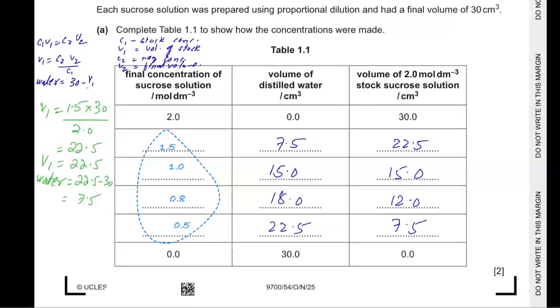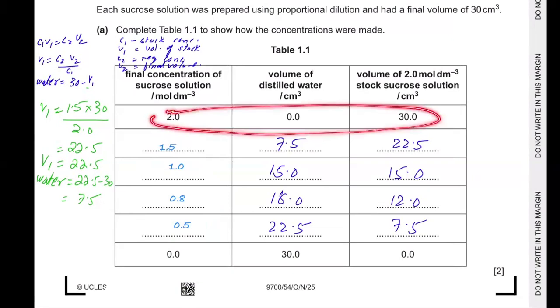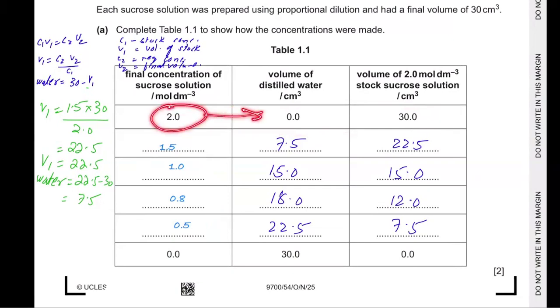Initially, this is given to you: when you are using the final concentration of sucrose solution as the whole, adding no distilled water to it, the volume stays 30. So the entire thing is sucrose solution with no added water.